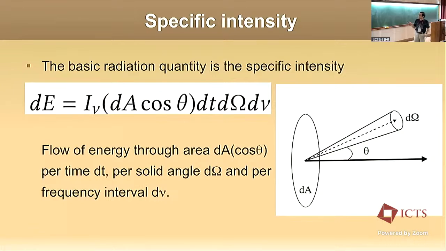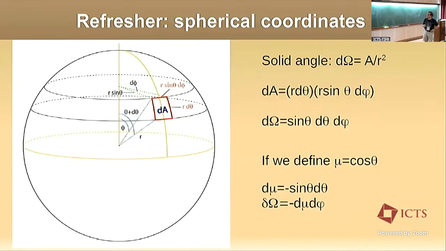Okay, so this one you probably have seen before, but it's the basis of everything, so it's important to get it right. Just to remind you about solid angles, because sometimes they are discussed and sometimes not, very quickly: solid angle is defined as area divided by r squared, the distance from the center of the sphere.